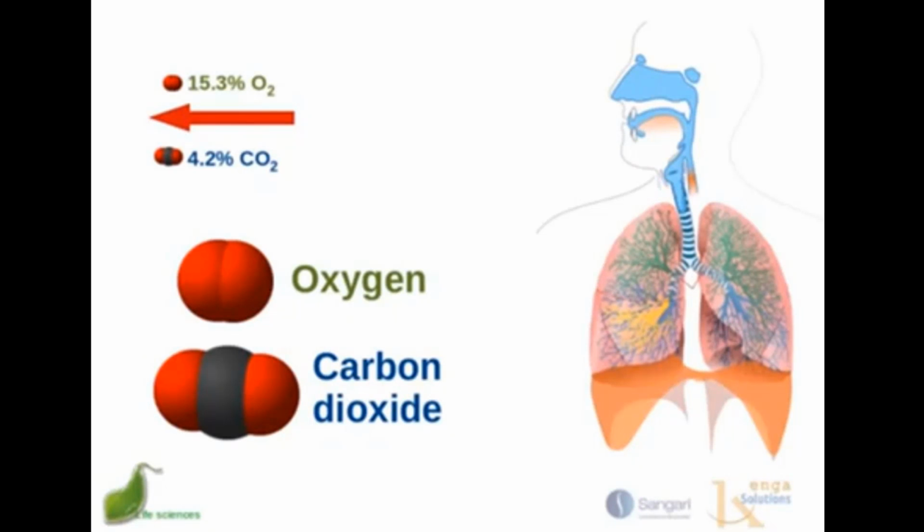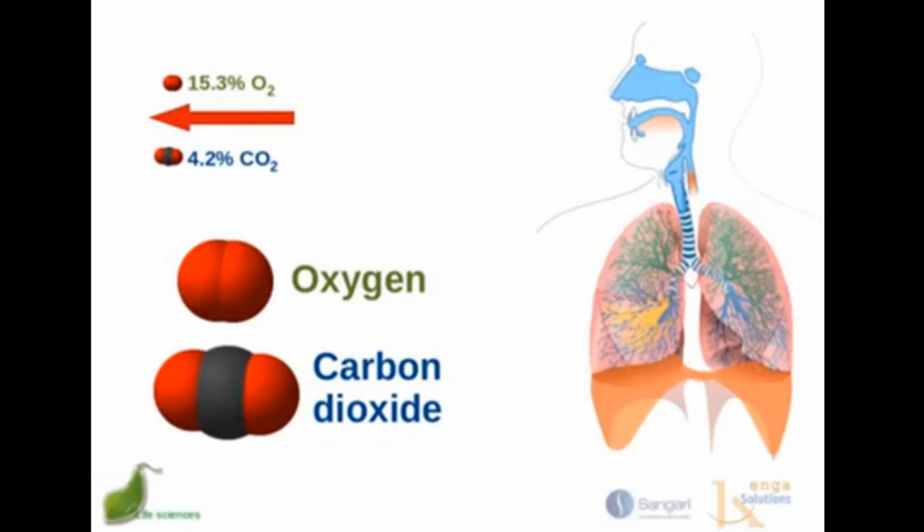Now, we often think that when we breathe in oxygen, we breathe out carbon dioxide. This is simply not true. We breathe in air that is 21% oxygen and has a tiny little bit of carbon dioxide, and we breathe out a gas mixture that is about 15% oxygen and about 4% carbon dioxide.